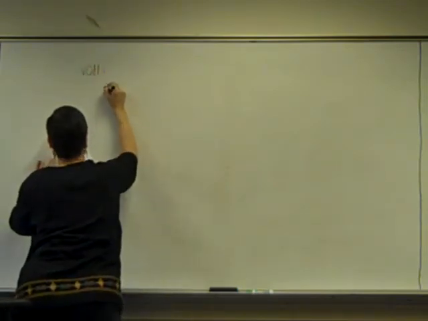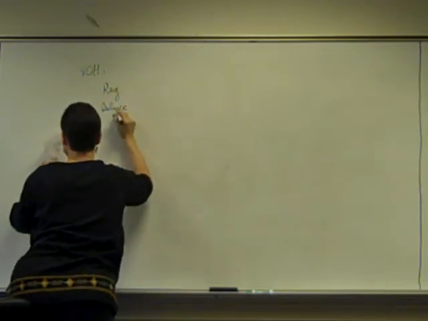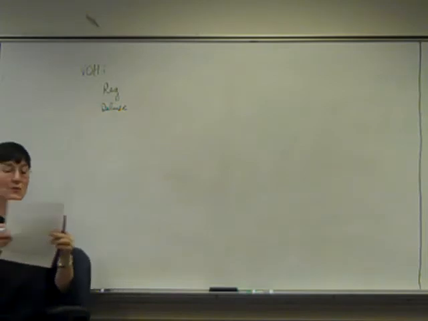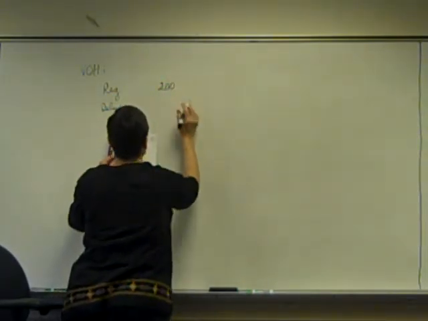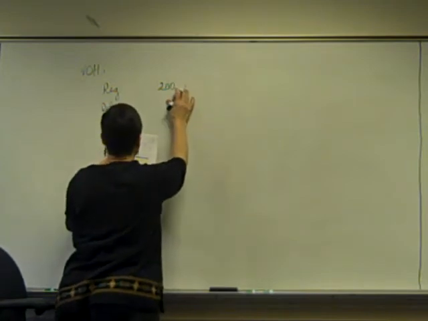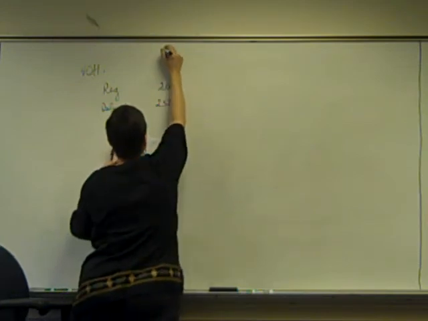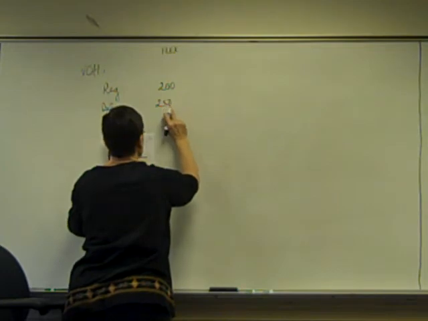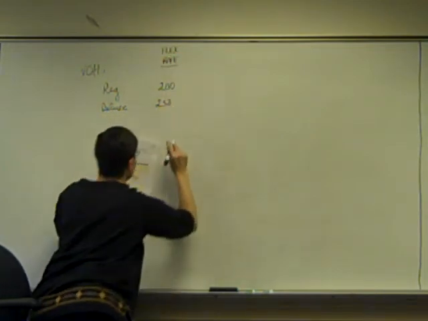For variable overhead, we're back the same way. For regular and deluxe, our variable overhead is based on direct labor hours. For the regular, every time we make a unit, we're supposed to use $2 worth of variable overhead. Every time we make a deluxe unit, we are allowed to be spending $2.50 of variable overhead.